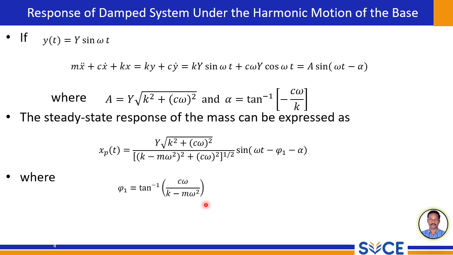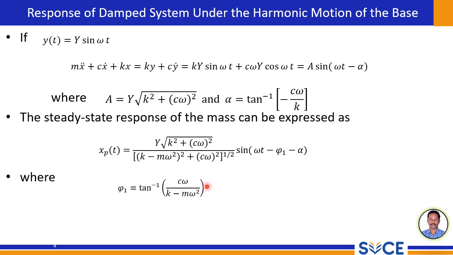This equation for x p of t is crucial because it tells us how the mass will vibrate in response to the base excitation. It shows that the amplitude of the mass vibration depends on the amplitude of the base motion, the spring stiffness and damping coefficient, the mass and frequency of excitation omega.